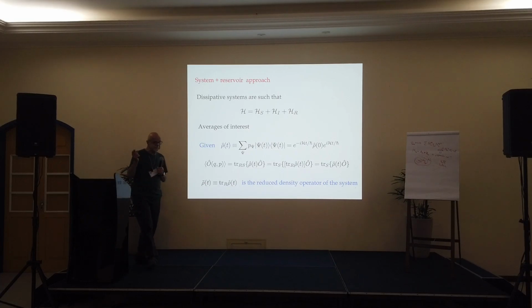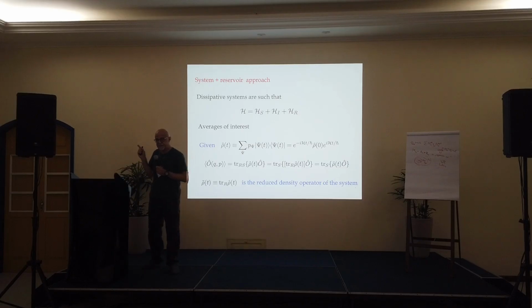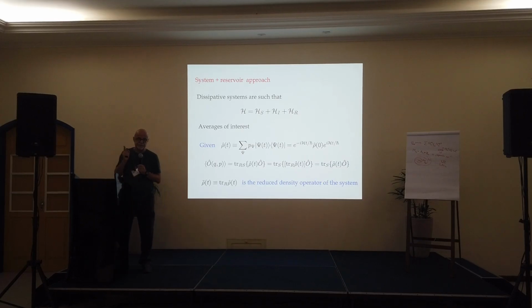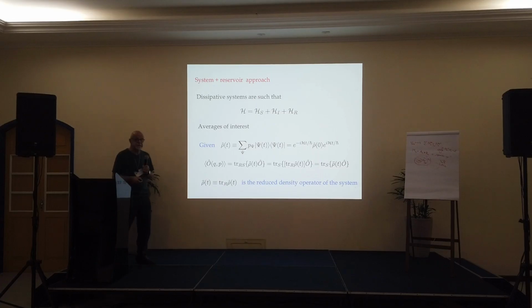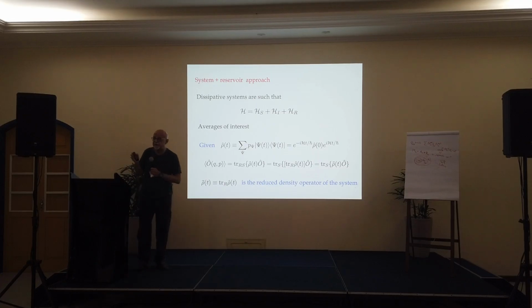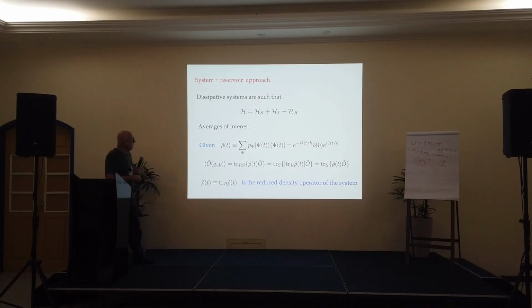Mind you, that's exactly like what I presented yesterday, but yesterday I was talking about the reduced density operator for one single particle in an environment of identical particles. Now we have something distinguishable. So that's the guy that can really follow the observables, Q and P, for the system of interest, and that's what we need to compute the reduced density operator of the system at any time.